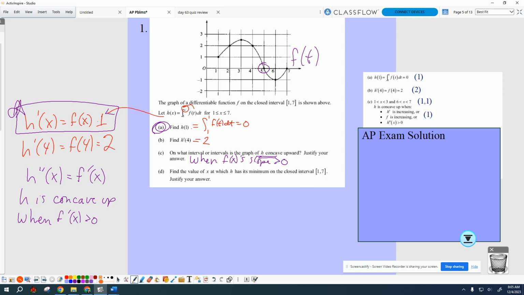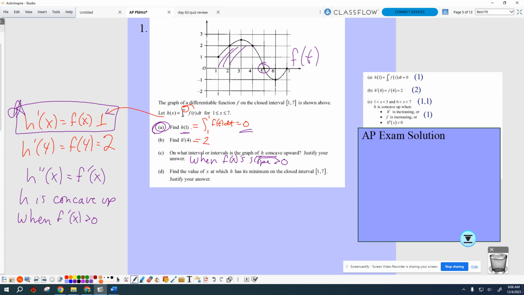Often they give you a hint for one of the later answers in one of these earlier questions you might need to look at. So where does the function have its minimum? It's one end or the other. At 1, the area was 0. And then think about it geometrically.